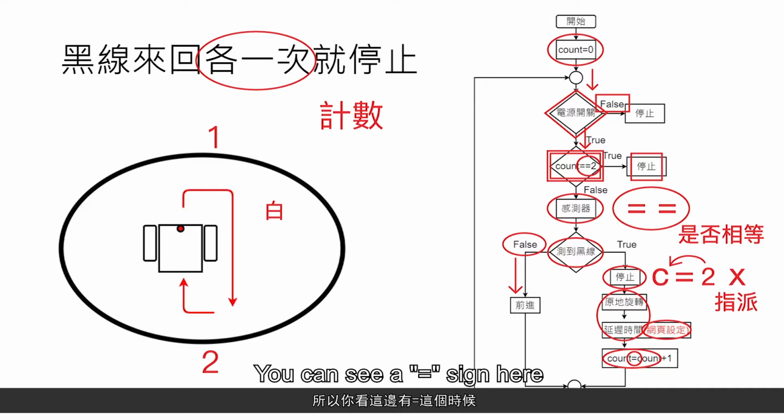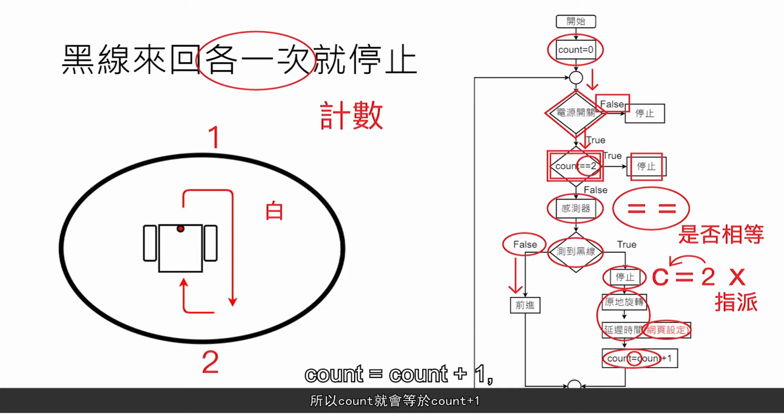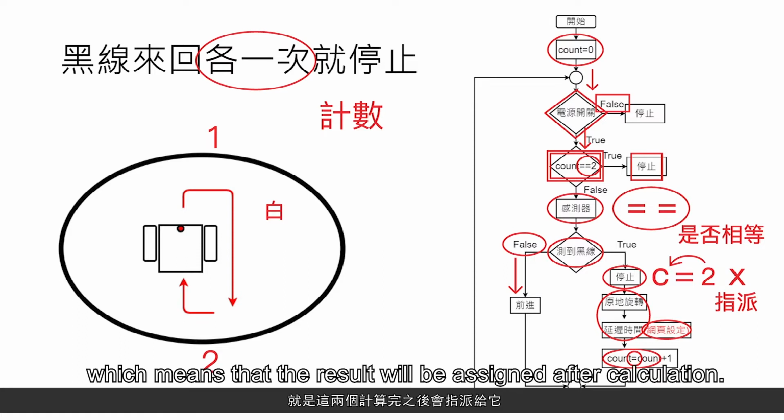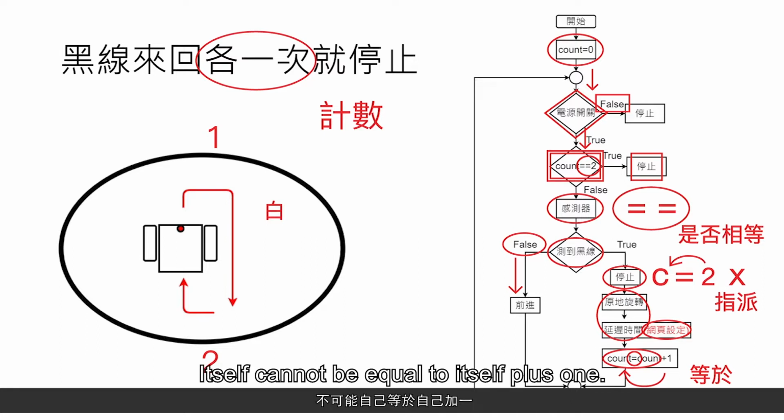You can see an equal sign here, which means it's assigning, and it's different from the double equal sign above. Count equals count plus 1, which means that the result will be assigned after calculation. The equal used here should not be considered an equal sign, because it's not equal. Simply look at this statement. Itself cannot be equal to itself plus 1, so it doesn't mean equal.